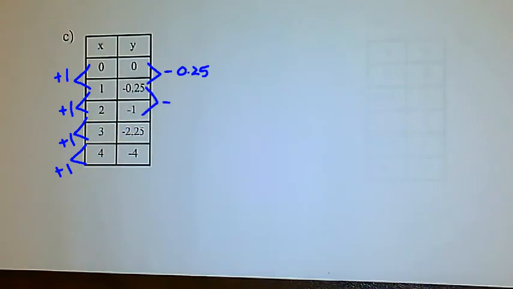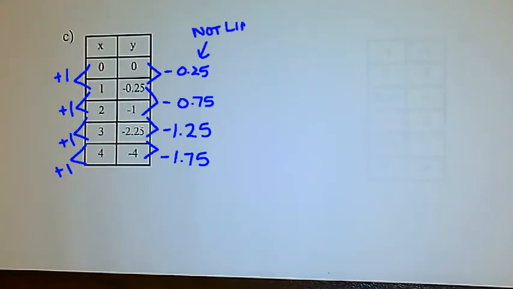Next, I had to subtract 0.75. Subtract 1.25, and finally subtract 1.75. Okay, so this means it's not linear because they're not all the same.